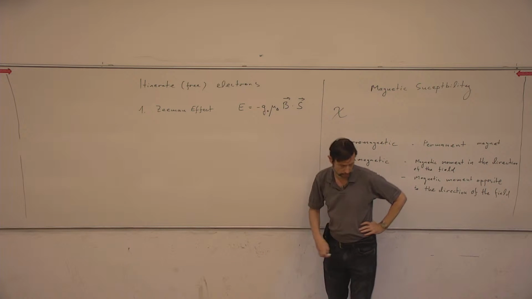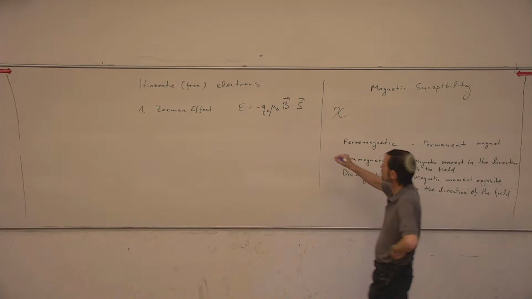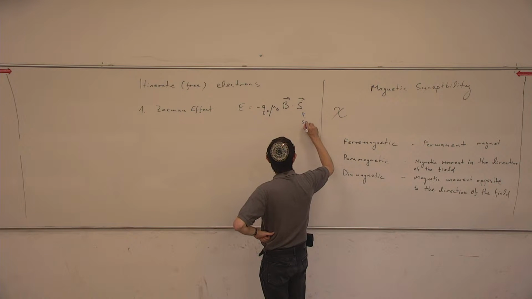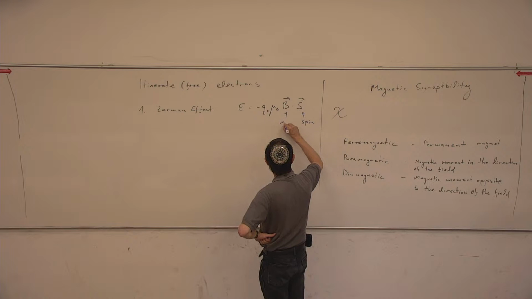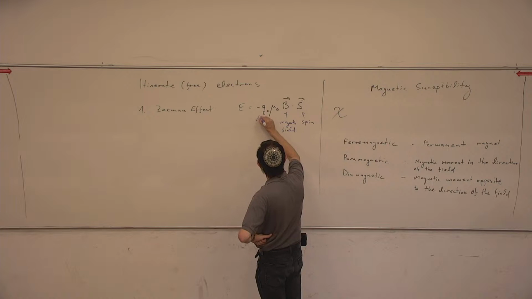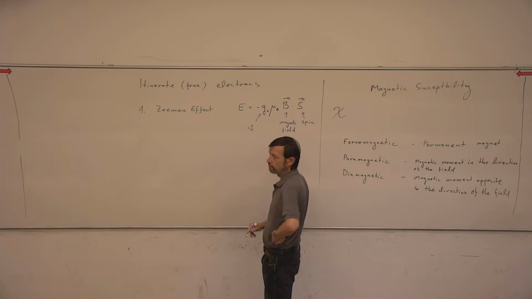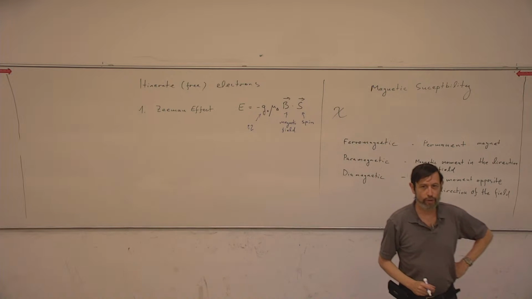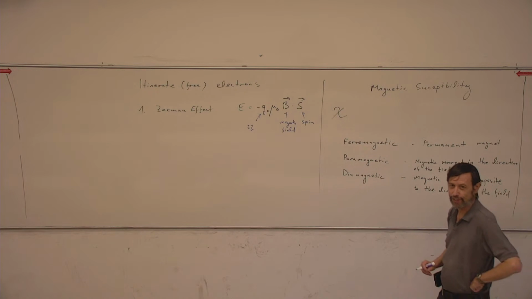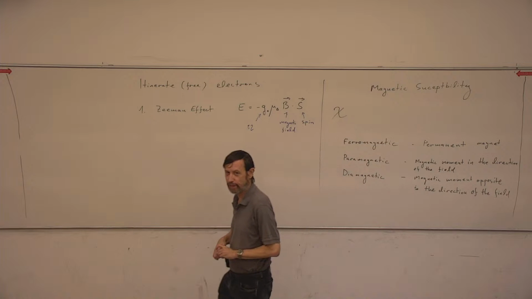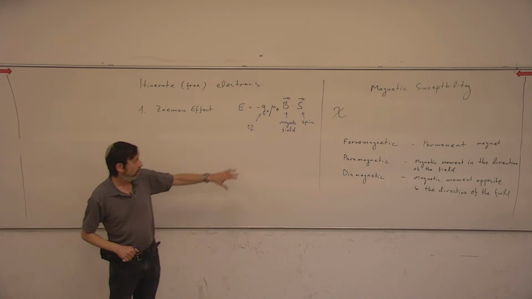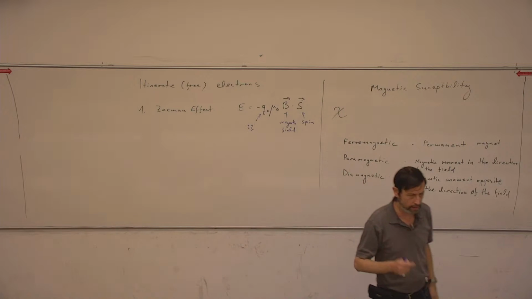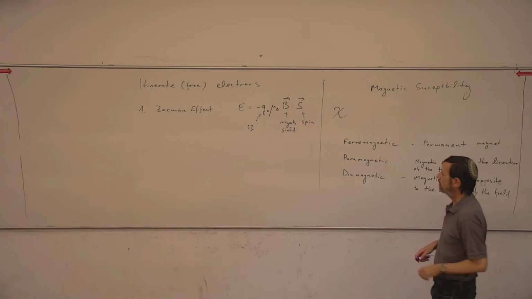This is the magnetic field. g0 is almost 2, and corrections to it are very interesting because they're relativistic effects, and mu_B is the Bohr magneton, another constant.